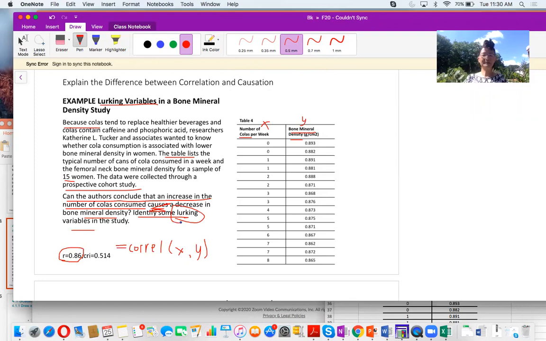If a person smokes a lot, 20 cigarettes a day, or drinks a lot, is an alcoholic, or does not have an active lifestyle, those might affect the bone mineral density, the bone density. And maybe the socioeconomic status also affects the bone density. So those are the lurking variables.